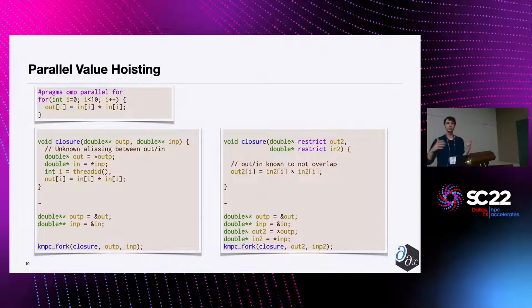And because I'm just loading some arbitrary pointer value, I have no idea if these could overlap, and thus I'd have to preserve the value of in explicitly. Now, we can actually do an optimization, which goes ahead and detects that we're not potentially overwriting out or in, since we're only writing doubles, and here we can see that those are both pointers rather than doubles that we're loading. And therefore, by moving this outside the parallel for, or in this case, the parallel structure, we can actually derive the fact that the output and input don't alias, and thus, as a consequence, we don't have to store as much data in memory.